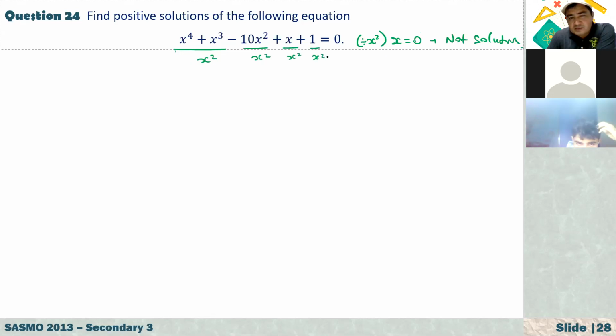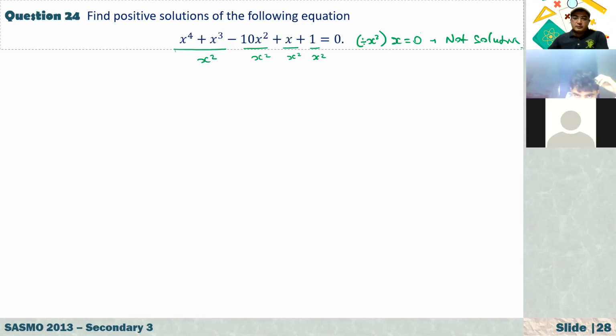This one by x squared. Okay, Musa, is everything all right so far? Yeah. So now if I divide x to the power of 4, let me just draw a line because I need more space, a beautiful line.